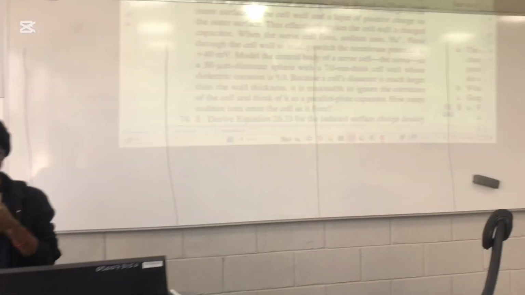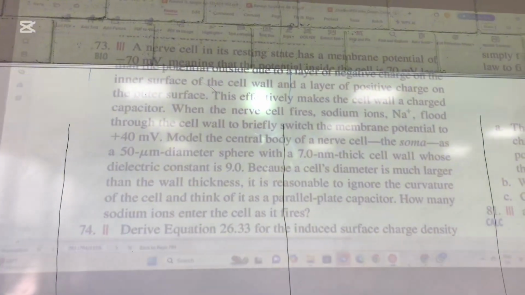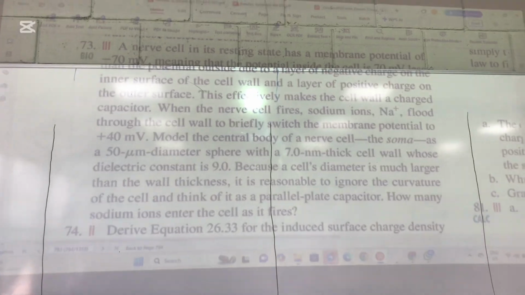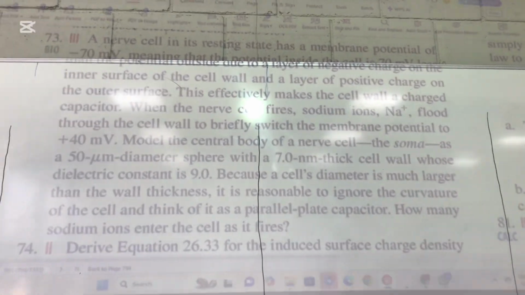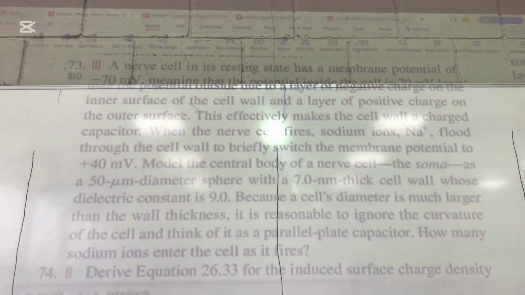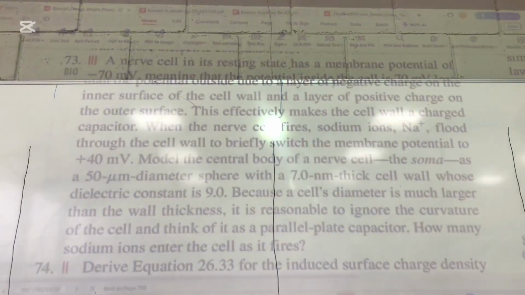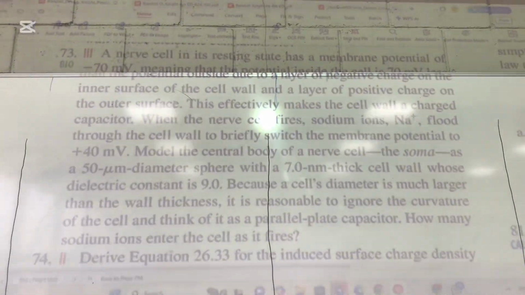So the question says that a nerve cell in its resting state has a membrane potential of minus 70 millivolt, meaning that the potential inside the cell is 70 millivolt less than the potential outside due to a layer of negative charge on the inner surface of the cell wall and a layer of positive charge on the outer surface. This effectively makes the cell wall a charged capacitor.